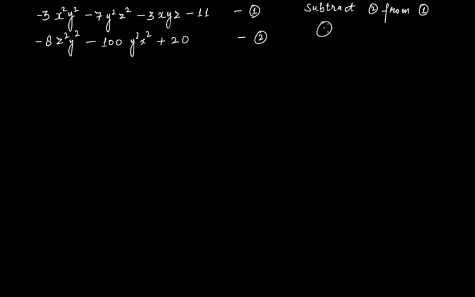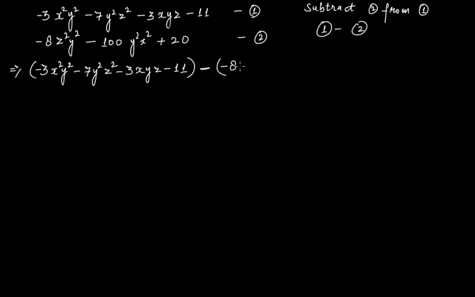That is, we have to perform 1 minus 2. So if we do this, again put within the bracket, that is minus 3x squared y squared minus 7y squared z squared minus 3xyz minus 11. Then minus sign, this one. Then within the bracket, minus 8z squared y squared minus 100y squared x squared and plus 20.